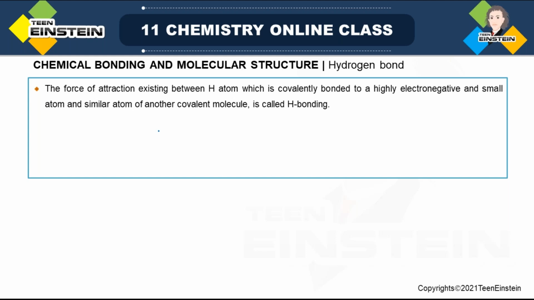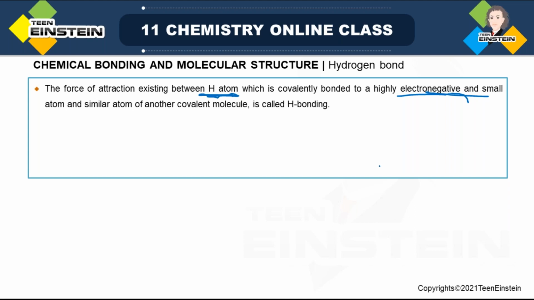Now why is it called hydrogen bond? Obviously a hydrogen atom is involved, otherwise why would we call it hydrogen bond? It is the force of attraction existing between hydrogen atom. Now which hydrogen atom? It is not that any hydrogen atom is capable of hydrogen bond formation. No, it's not like that. It is possible only when the hydrogen atom is covalently bonded to a highly electronegative atom, and not just any highly electronegative atom, it should also be very small in size.